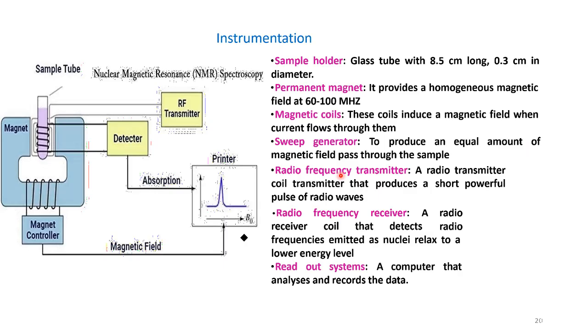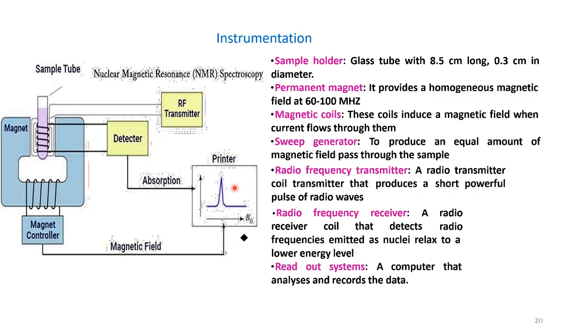The NMR spectrometer has a sample holder, permanent magnet, coils, sweep generator, and radio frequency transmitter, where one is a transmitter and one is a detector. The detector detects the absorbance spectra, and from the readout system we get the peak.